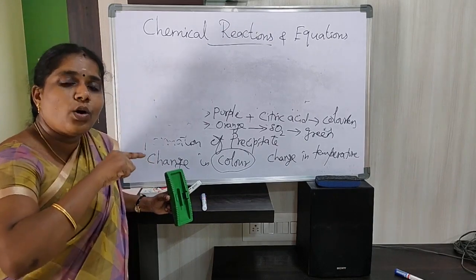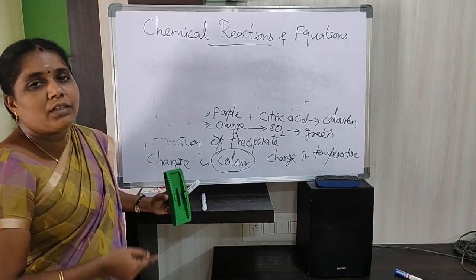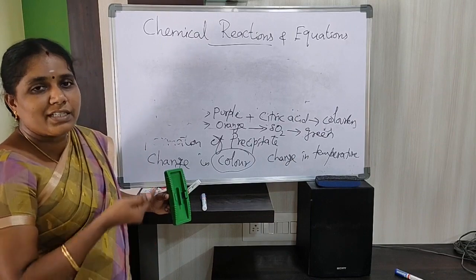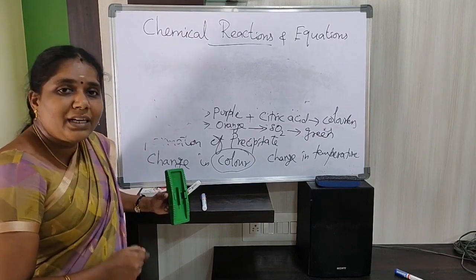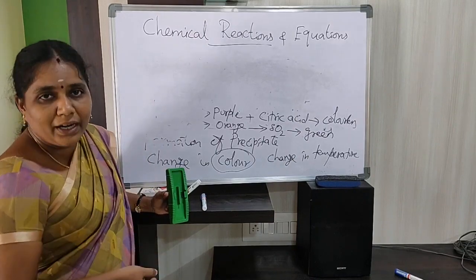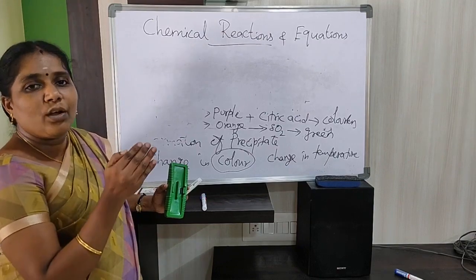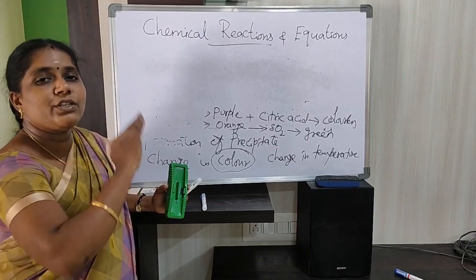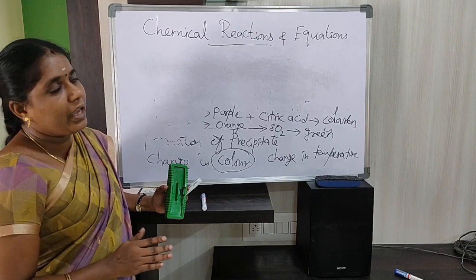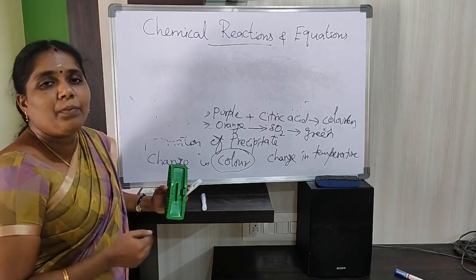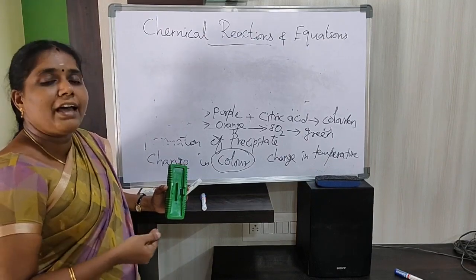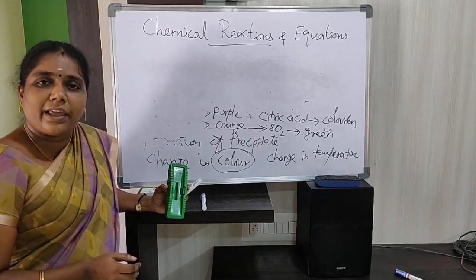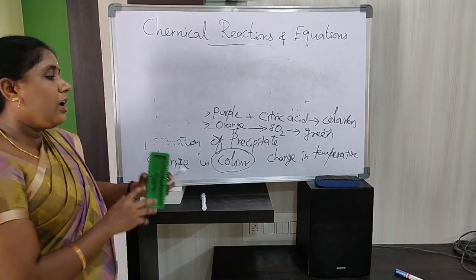So wax is a solid, and it is converted into water. So the solid substance changes into liquid state. As well as during this process, it releases carbon dioxide, which is in gaseous state. So change in state takes place. Okay. So like this, with the help of these characteristics, we can identify whether one chemical reaction has taken place or not.